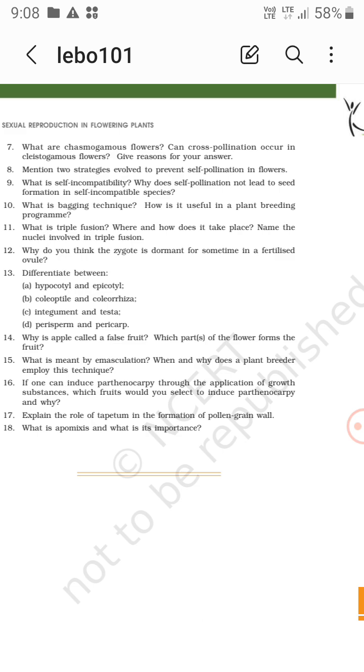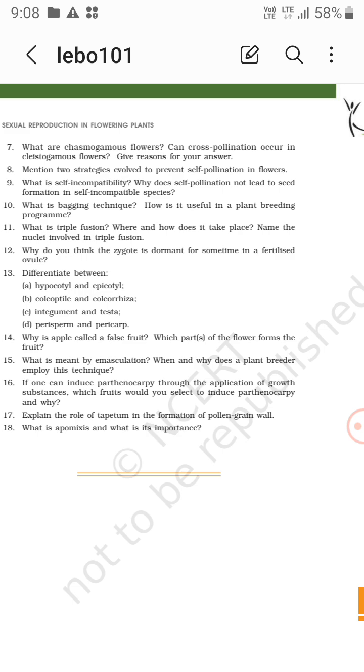Okay, so this is self pollination in flowers. To prevent it, the flowers can be unisexual, having only stamens or only carpels. So what is self incompatibility? It is the rejection. The pollen is not compatible with the stigma, right?